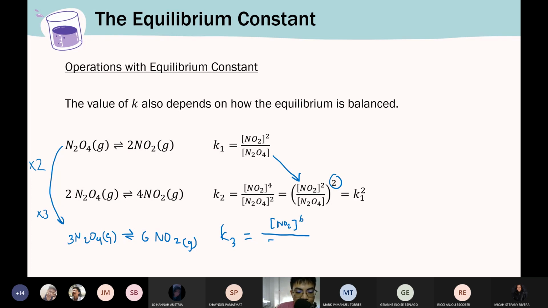So raised to 6. Ito, raised to 3. If I try to factor out the 3, I will have square, I will have N2O4, and then maging cube siya. And keep in mind, this is your original K. Okay? So, K1 cube.